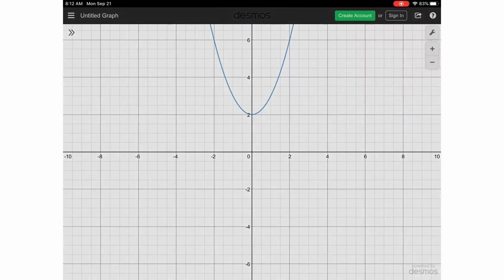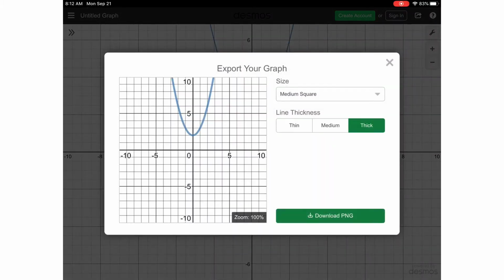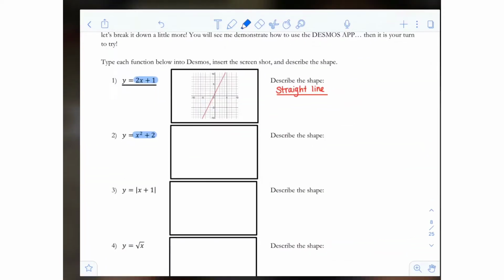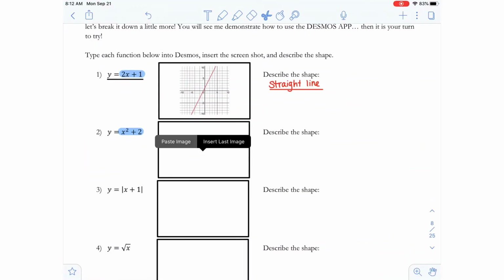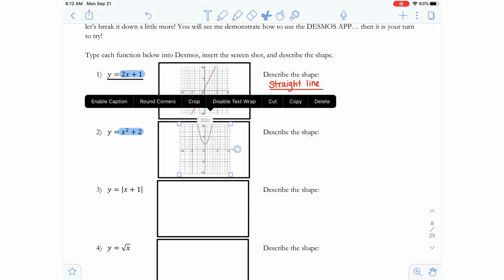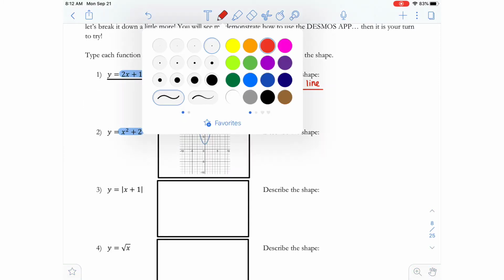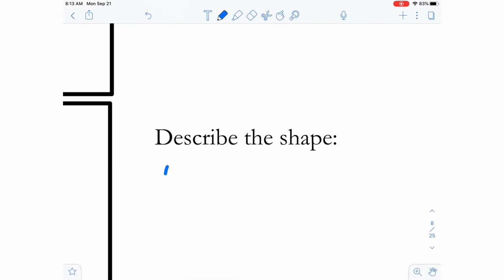I'm going to share and export, hold it down, copy it, and go back to my notes. I would say that this is a U-shape graph.